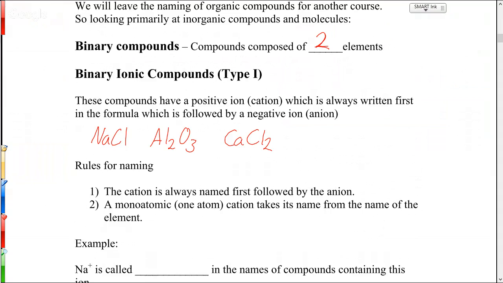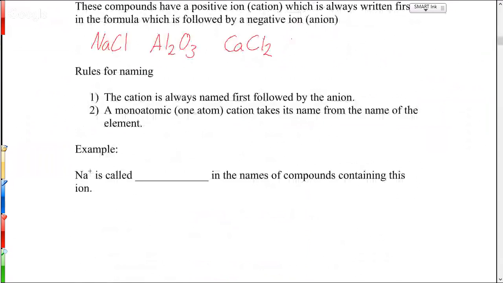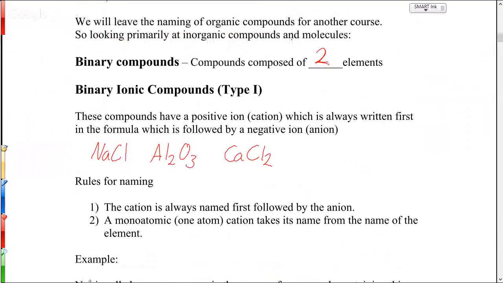So to find these types of compounds, we're looking for metals, and we're looking for metals written first, and then one other thing. The reason that they are type 1 versus type 2 is that they have a fixed, or what your book calls predictable, charge.